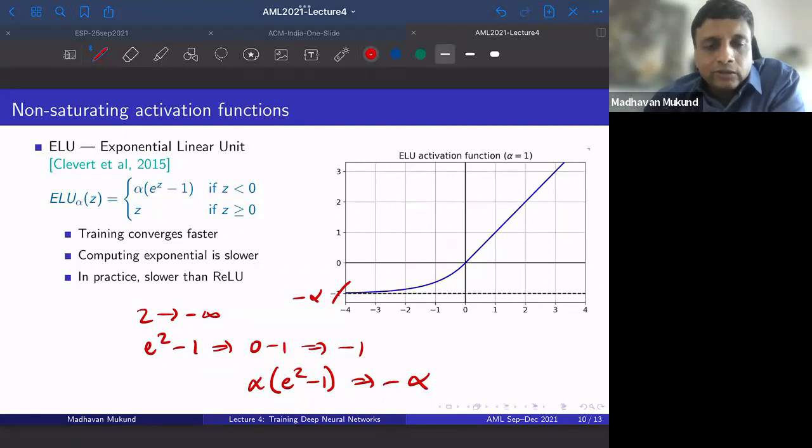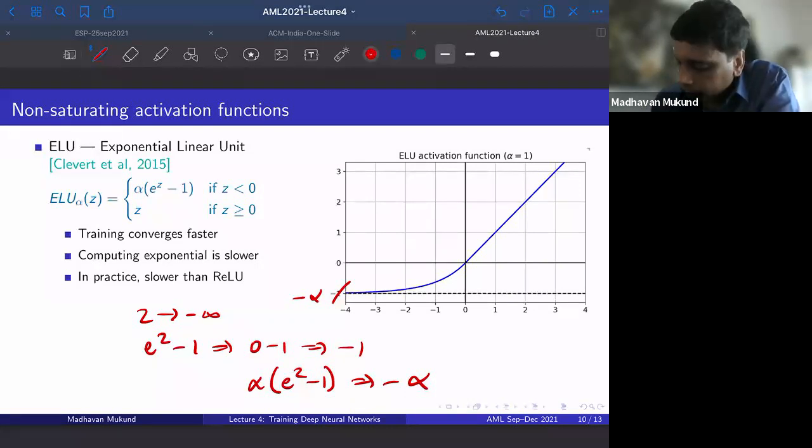So the ease of computing a linear function actually beats the faster convergence. Although this has theoretically better properties, when you implement it, it turns out to be slower than using a normal ReLU.